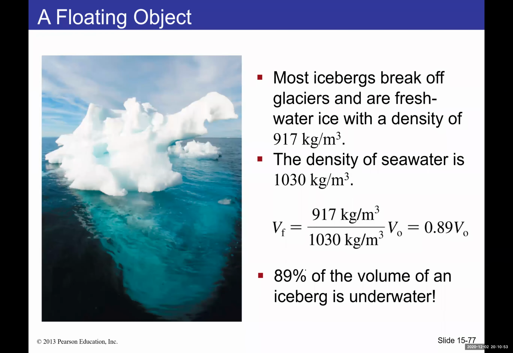Here's an example. Most icebergs break off glaciers and are freshwater ice with a density of 917 kilograms per cubic meter. The density of seawater is 1,030 kilograms per cubic meter. So the iceberg, the ice, is floating because it has a lower density than seawater.